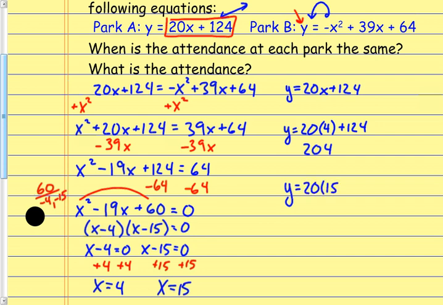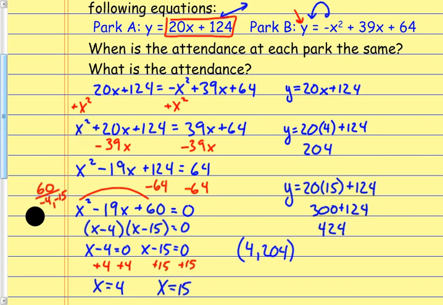When I plug that 15 in, I have to do 20 times 15, which is, let me think for just a moment, 300, I believe. And then I add these together. That's 424. So my two answers are these ordered pairs: 4, 204, and then 15, 424.